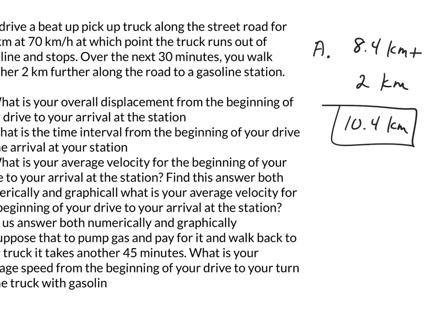Okay? Now, if the problem had stated that the gas station was behind you and you saw it on the way past, how would this answer change? If it stated you drove past the gas station, ran out of gas, and then had to walk back to the gas station, how would this answer change? Good. It'd be 8.4 minus 2, because you walk back 2 kilometers, so it would have been 6.4 kilometers.